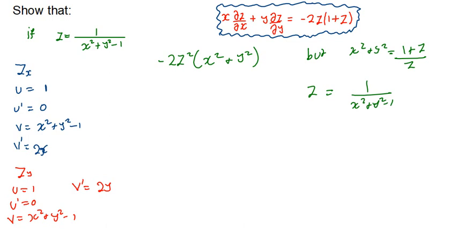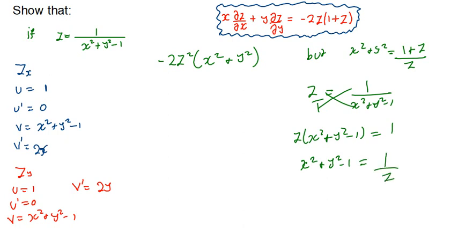You are trying to make x squared plus y squared the subject of the formula. Like you have a 1 there, do the cross multiplication. So you are going to have z times x squared plus y squared minus 1 is equal to 1. Divide both sides by z, and you're going to have x squared plus y squared minus 1 is equal to 1 over z.